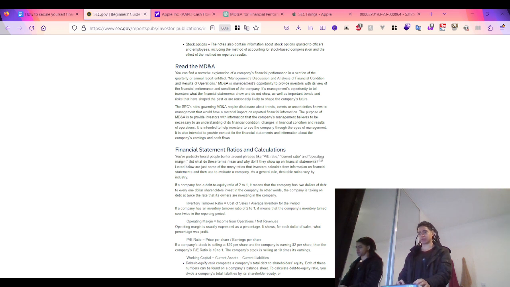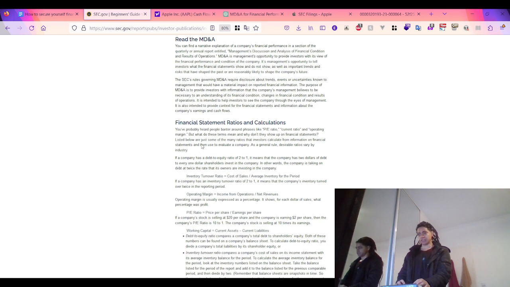But what do these terms mean, and why don't they show up on financial statements? Listed below are just some of the many ratios that investors calculate from information on financial statements and then use to evaluate a company. As a general rule, desirable ratios vary by industry.